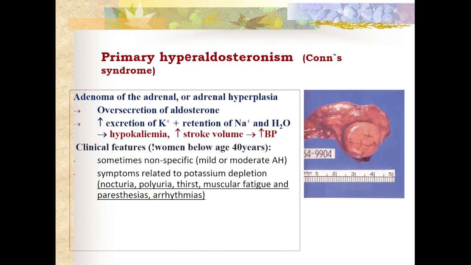Primary hyperaldosteronism, Cone syndrome, is characterized by development of adenoma of the adrenal or adrenal hyperplasia.